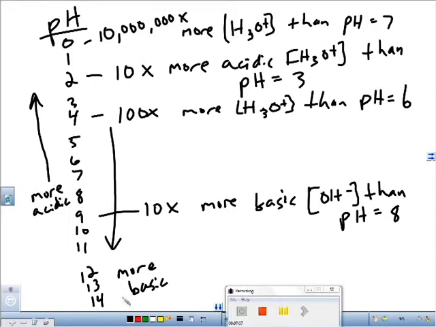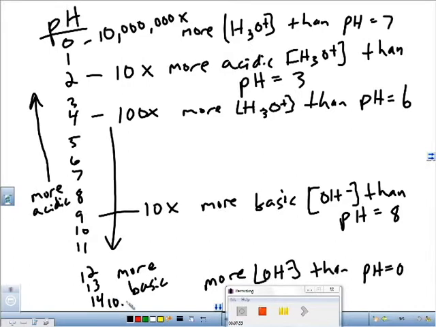If we want to have even more fun and talk about pH of 14, how much more OH- than pH equals 0? Now we have 14 zeros, right?